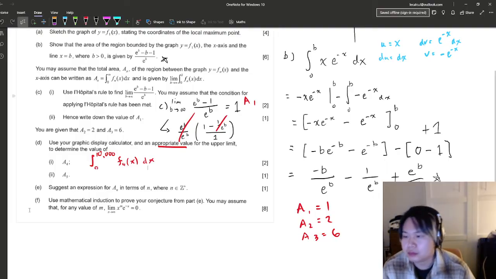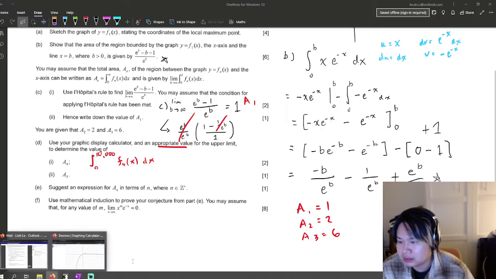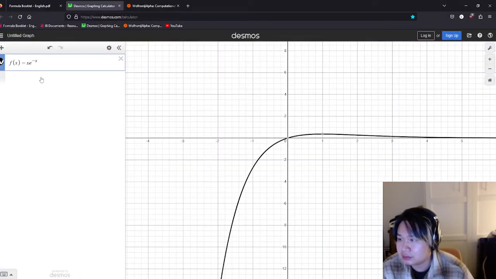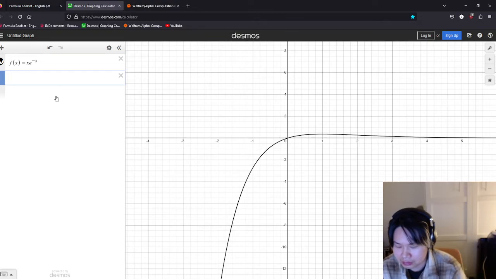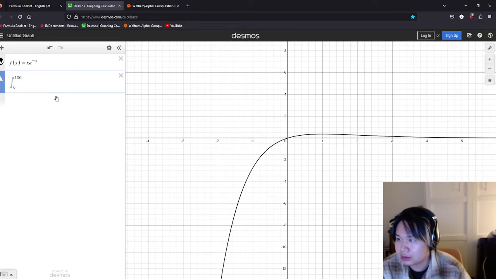Okay. So use your GDC. I'm going to use Desmos. So I'm going to do the integral from 0 to a big number.